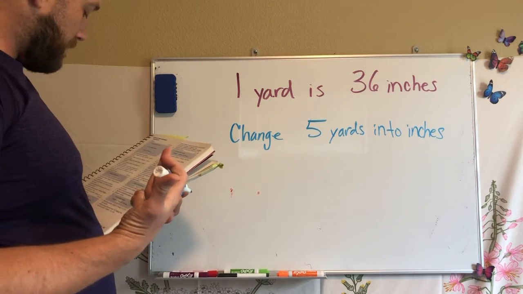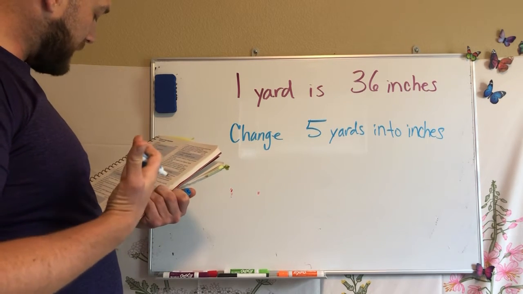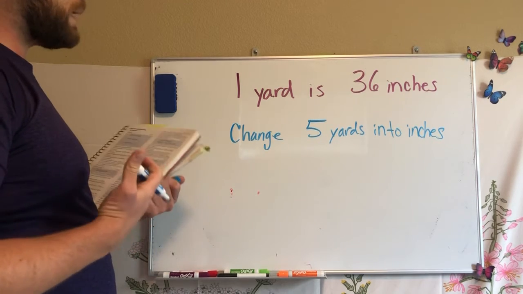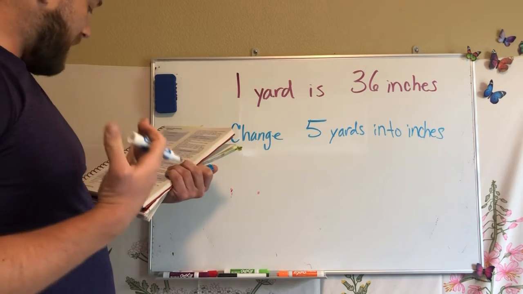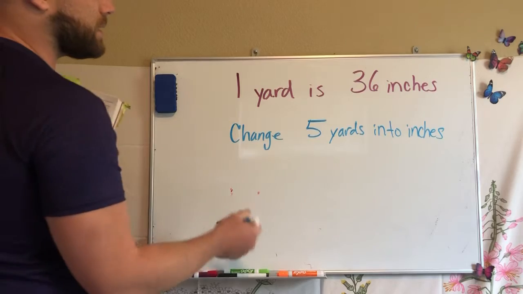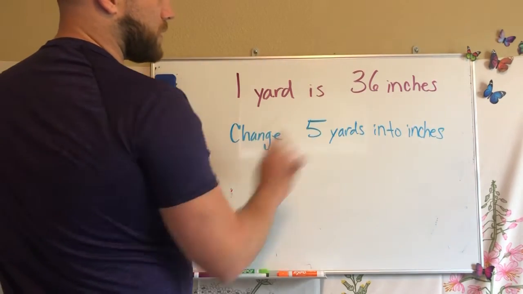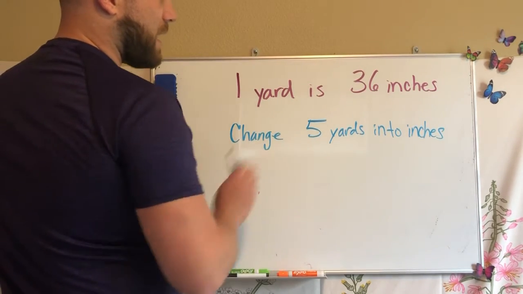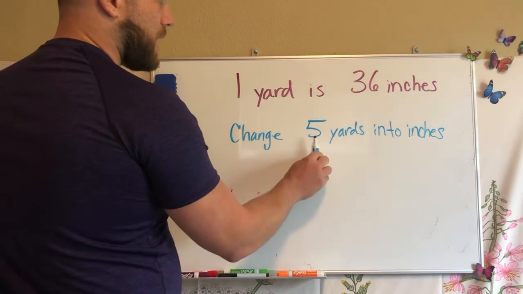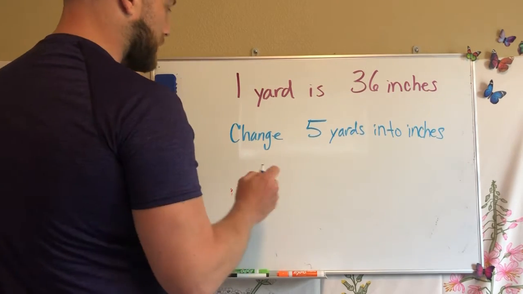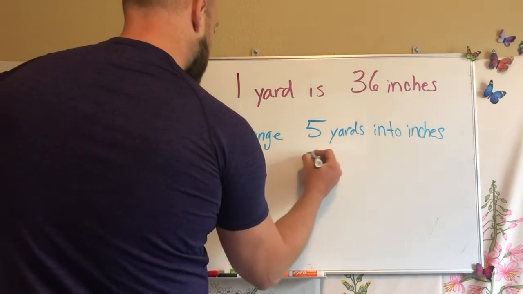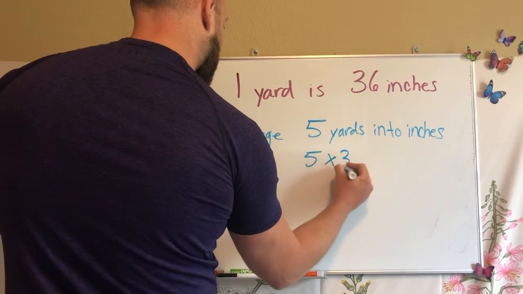You multiply. So the multiplication problem would be 5 times 36. If I know 1 yard equals 36 inches, and now I have 5 yards, all I have to do is 5 times 36.